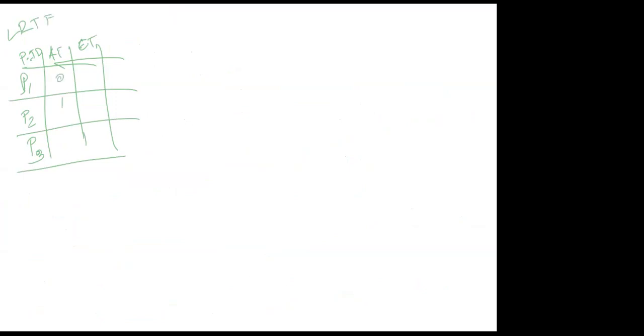This needs 5 nanosecond, this process needs total 2 nanosecond, and here it needs total, let's say, 3 nanosecond to execute. So let's see how LRTF works for this scenario. Let's draw the Gantt chart.